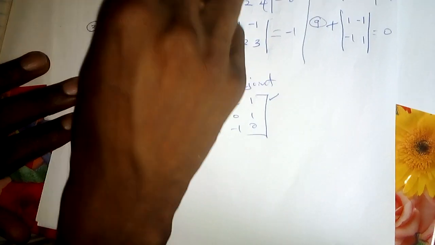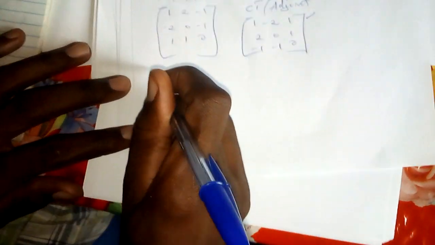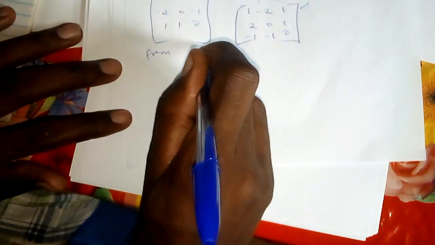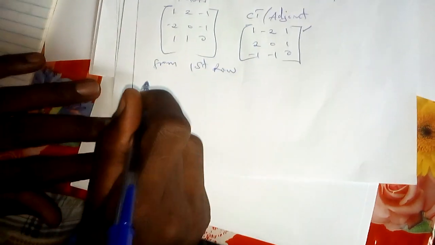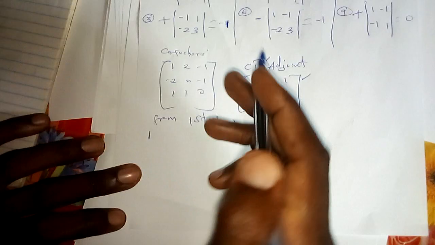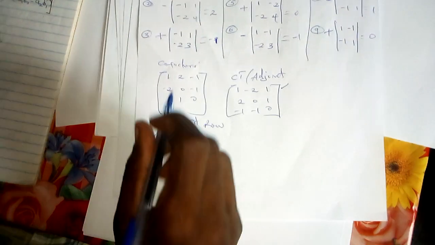As long as you have the matrix M, we say from the first row, you just take 1 into the first cofactor.